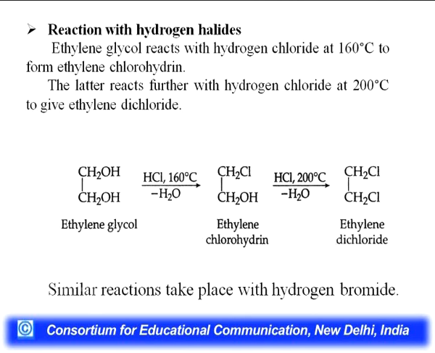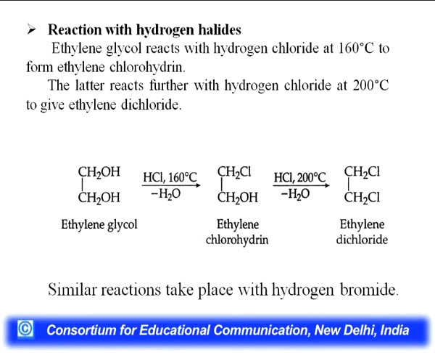Next reaction is reaction with hydrogen halides. Ethylene glycol reacts with hydrogen chloride at 160 degrees Celsius to form ethylene chlorohydrin. You can see in the reaction, first of all it reacts with HCl at 160 degrees Celsius and one hydroxyl group is converted to a chloride group and will give you ethylene chlorohydrin.